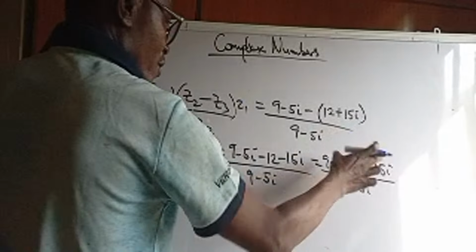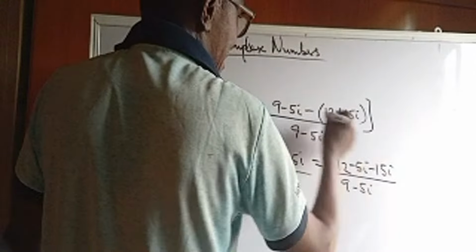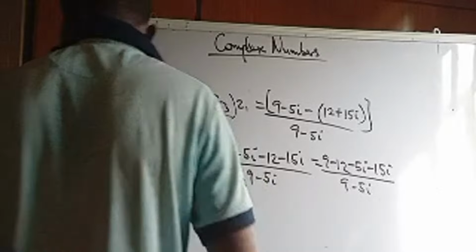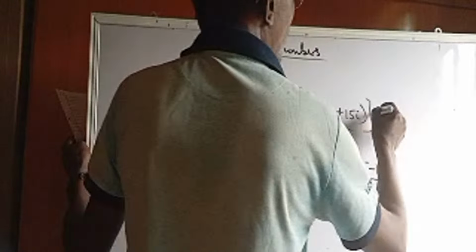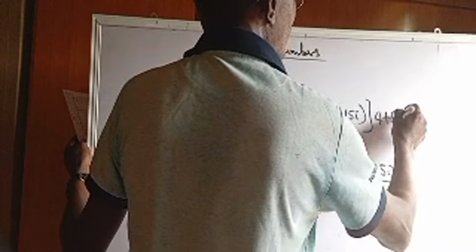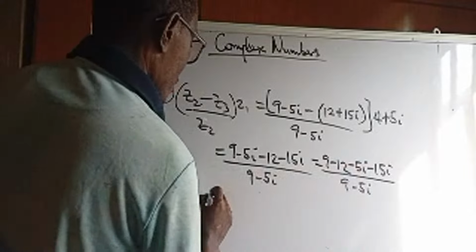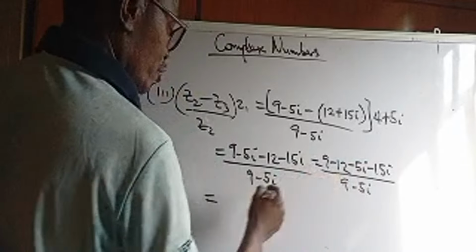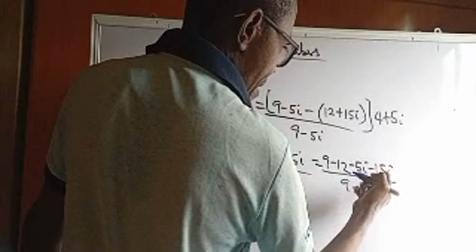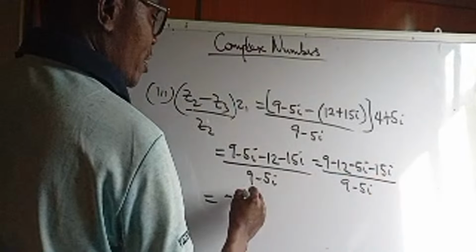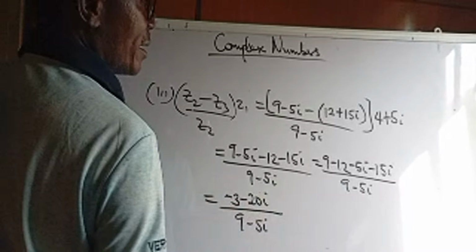Let us solve the one in the bracket first, or better still, let's put our Z1 there so that we will not forget. Z1 is 4 plus 5i. Now 9 minus 12 is minus 3, and minus 5i minus 15i is minus 20i, all over 9 minus 5i.